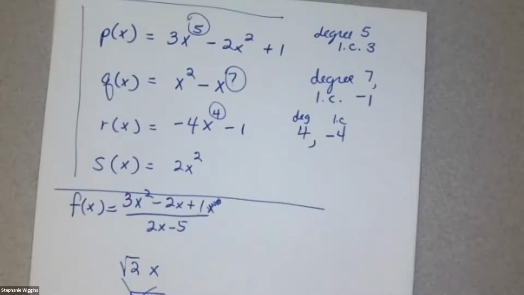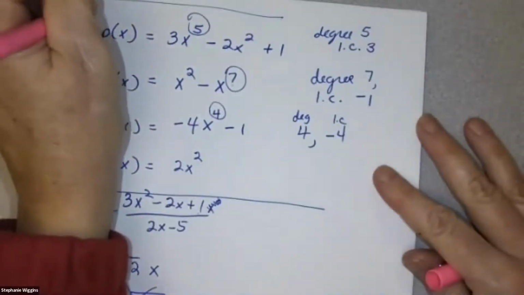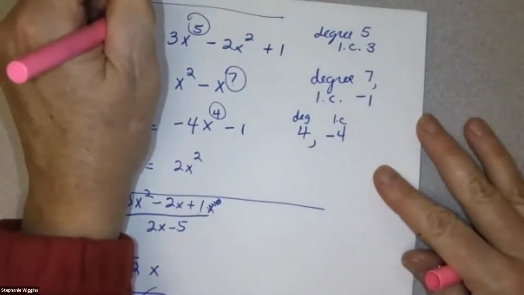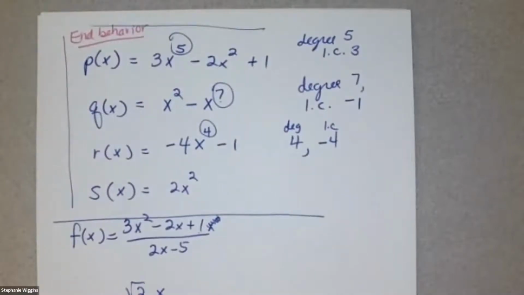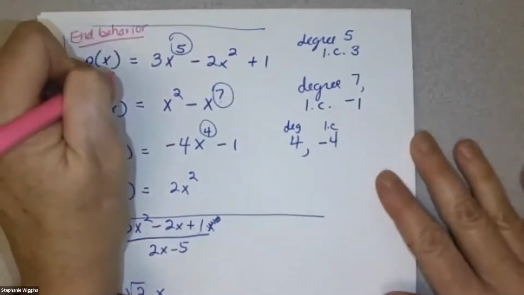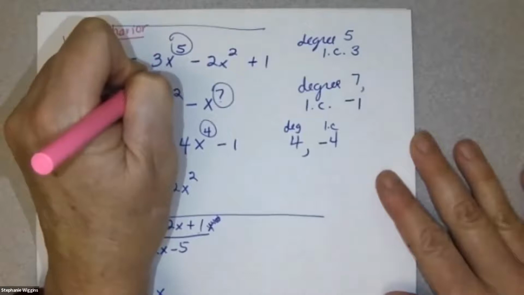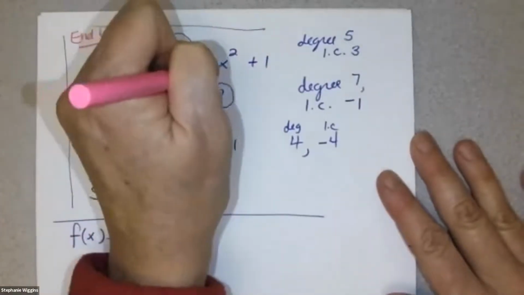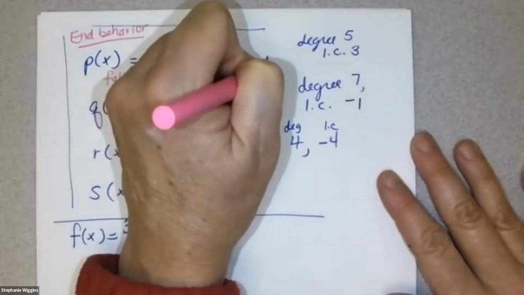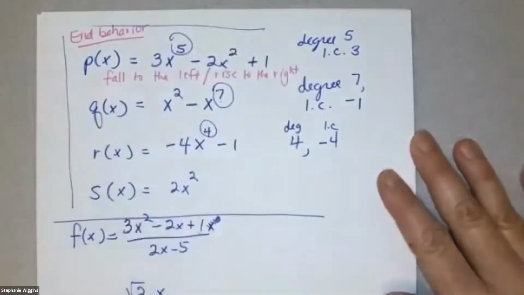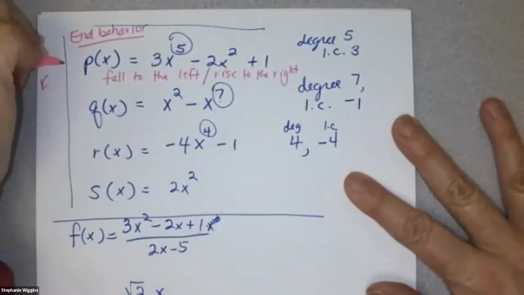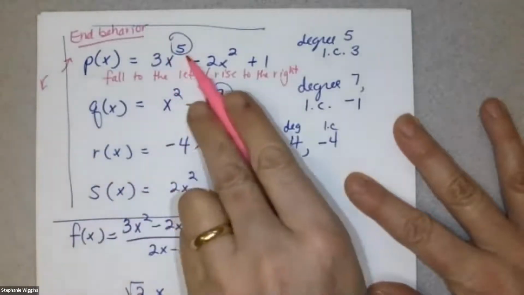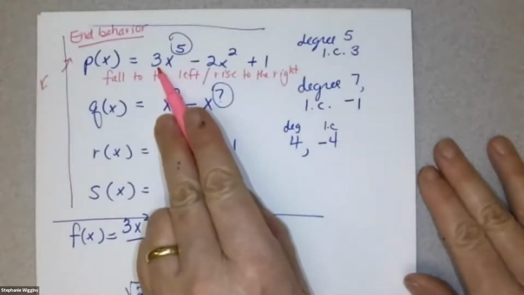Okay, so I'm talking about end behavior now. If the degree is odd, this one is going to fall to the left and rise to the right. In other words, the graph is going to look like this on either end, if you have odd degree and positive leading coefficient.